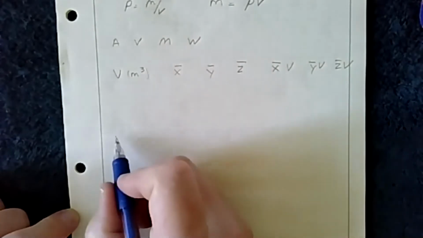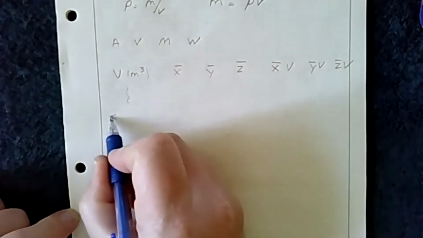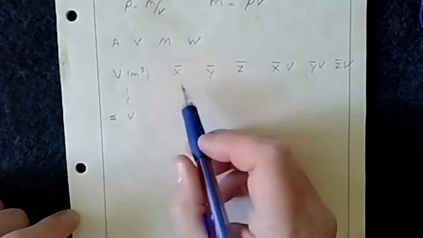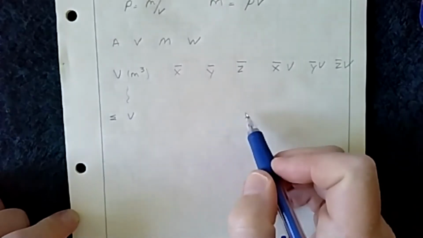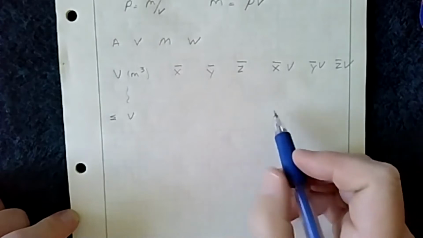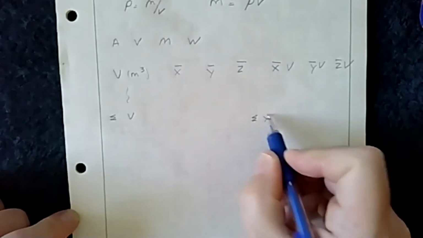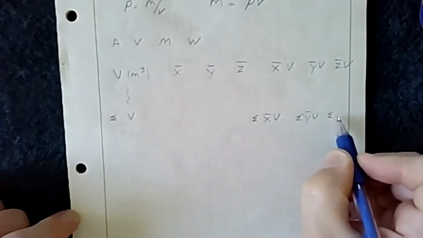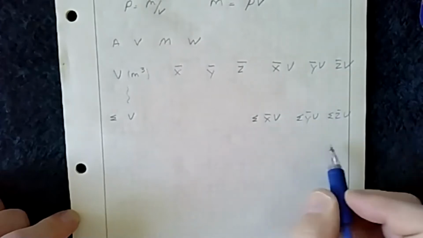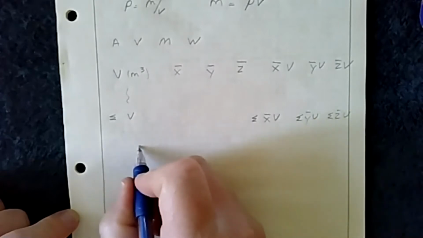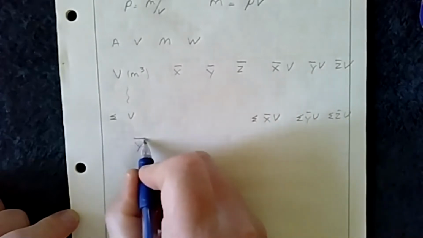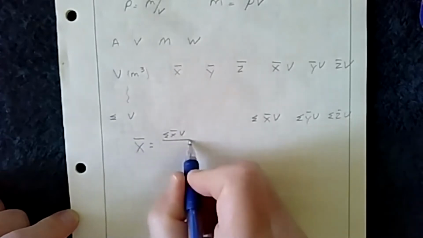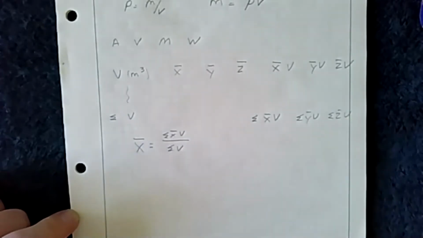You'd put in your numbers and get the sum of your volume. Here, you then find the respective centroids for each piece. Then you get the sum of the X bar volumes, the sum of Y bar volumes, and the sum of Z bar volumes. Your final equation would be big X bar equals the sum of the X bar volumes over the sum of volumes.